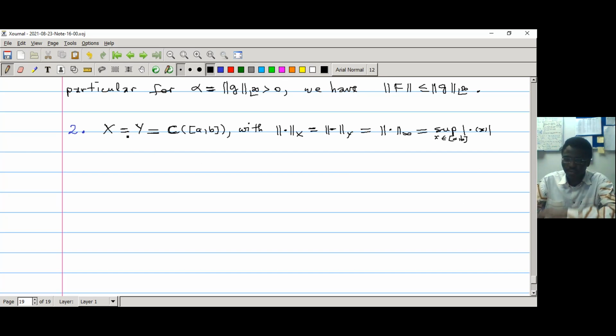Now, our operator, we are going to use what we call the Fredholm operator.